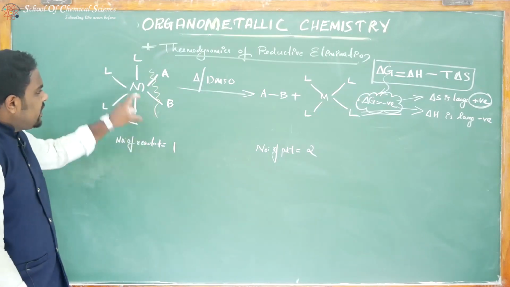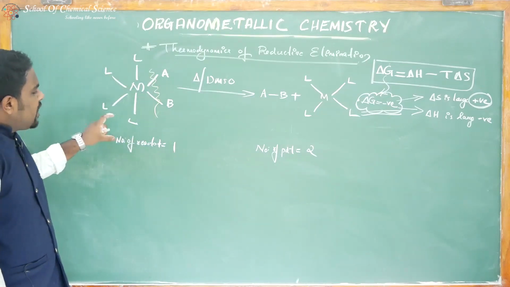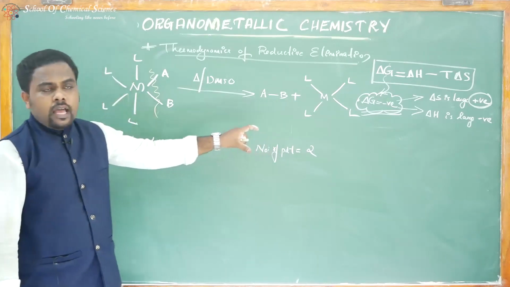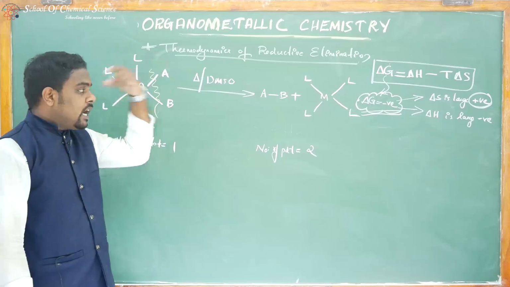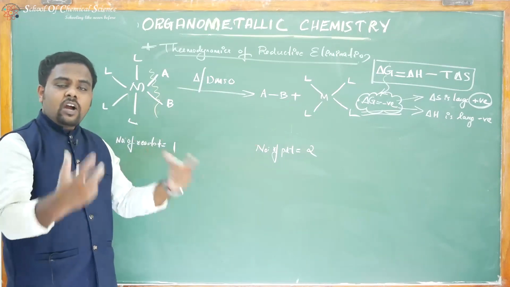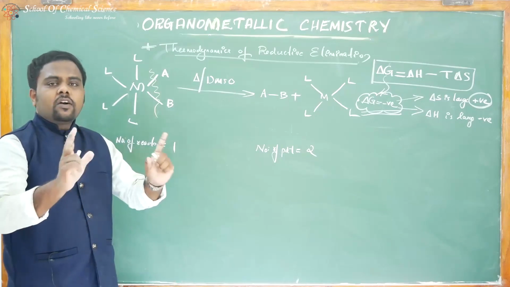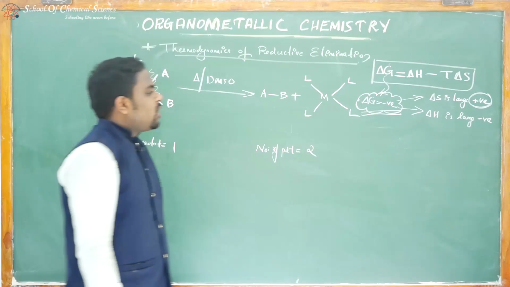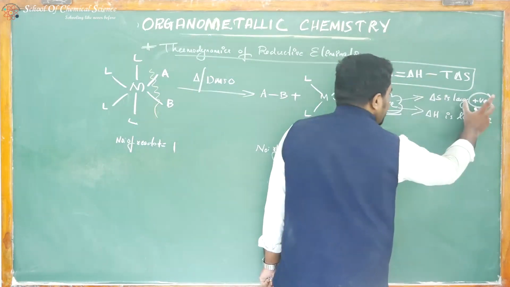Clear? Once again, here in reductive elimination, your number of reactant molecules is 1 and number of product molecules is 2. As a result, the number of molecules increases. When the number of molecules increases, disorder increases. Disorder is actually called entropy. So the entropy of the system increases, meaning delta S becomes large positive.